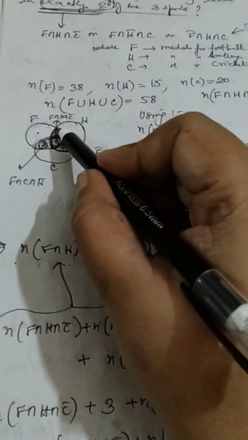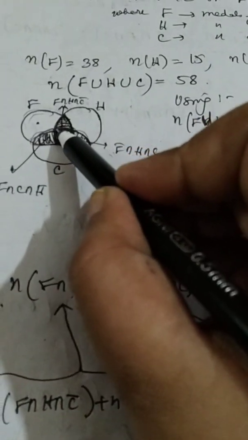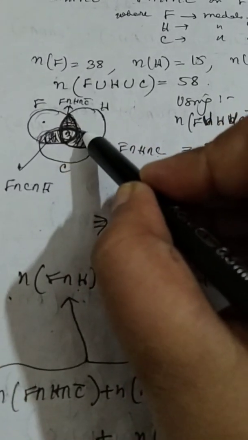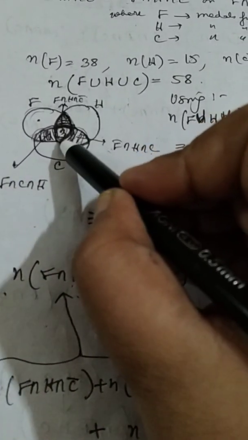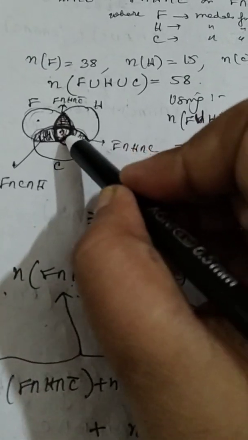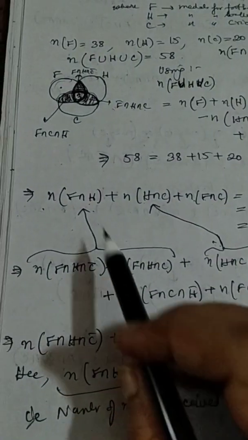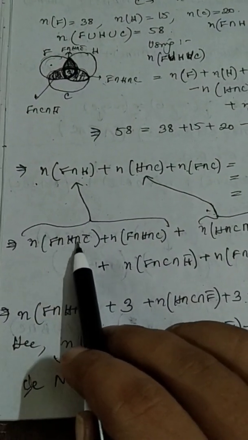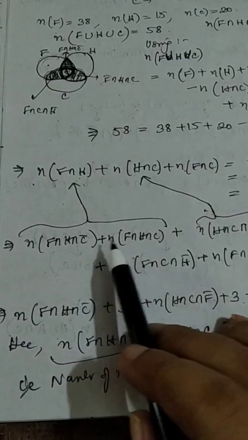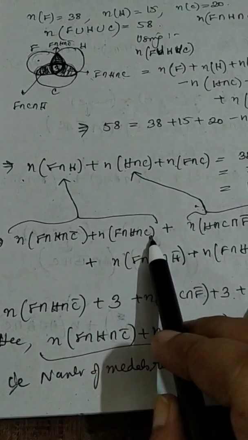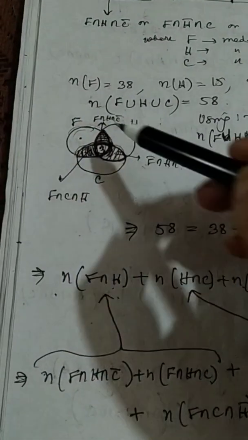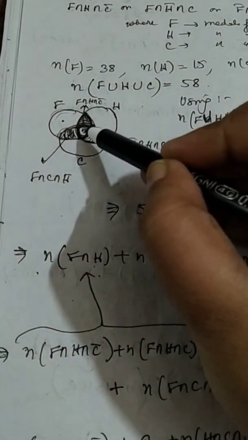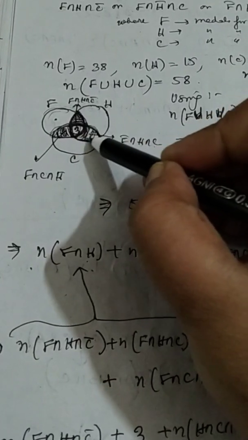It can be split up and written as N of F intersection H intersection C bar plus N of F intersection H intersection C, because this region over here is actually this plus this. So in place of N of F intersection H, we are writing N of F intersection H intersection C bar plus N of F intersection H intersection C. Similarly, H intersection C is this part, so it can be written as the sum of this and this.